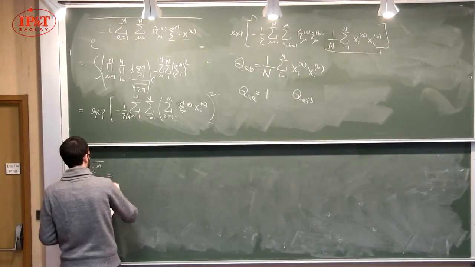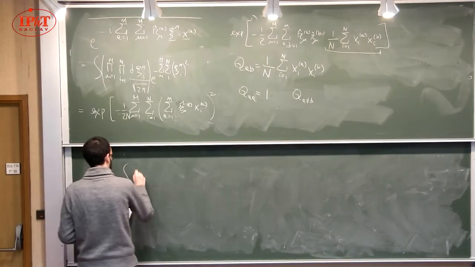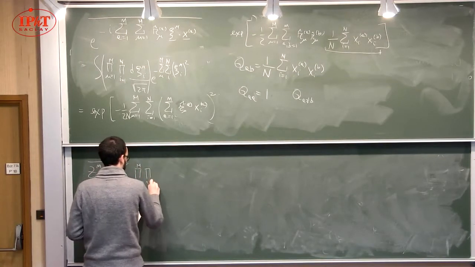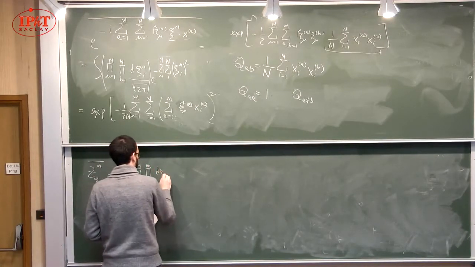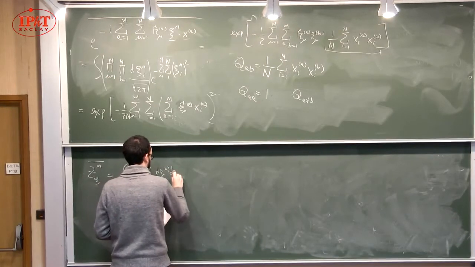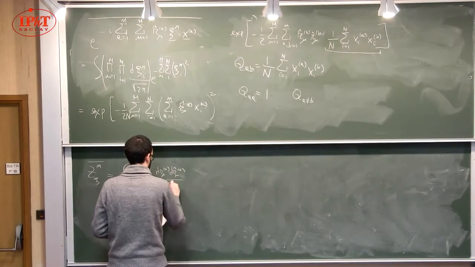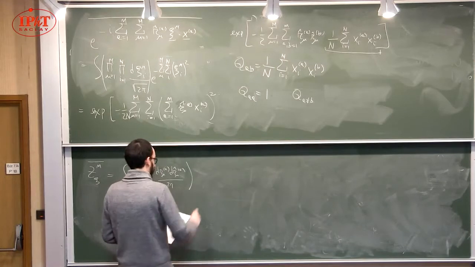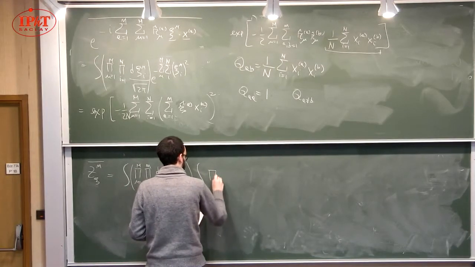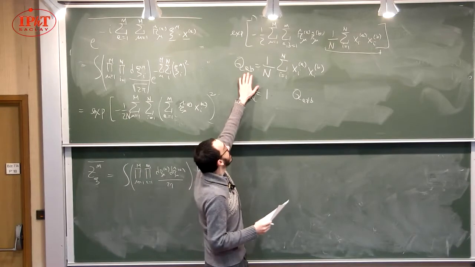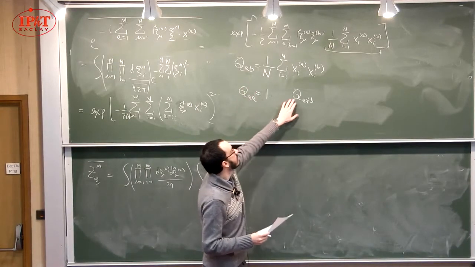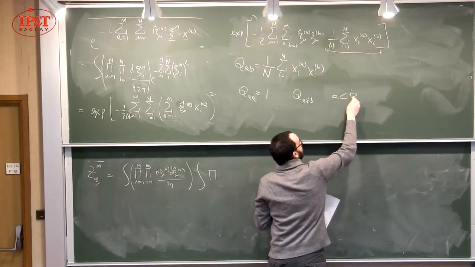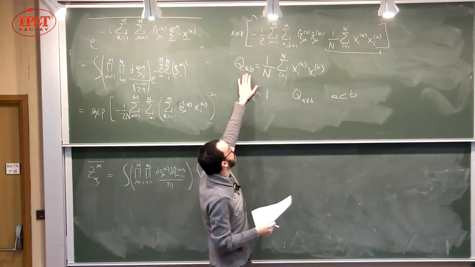So I rewrite it in this way. The independent elements of this matrix are just the ones for A different from B, and in particular for A less than B, just because this is a symmetric matrix, right?